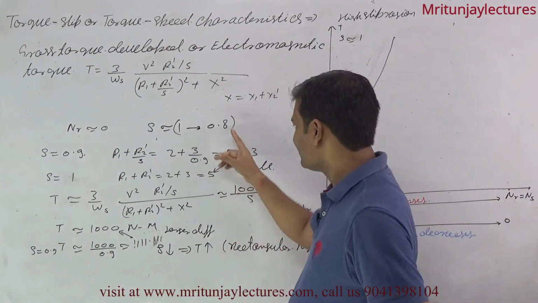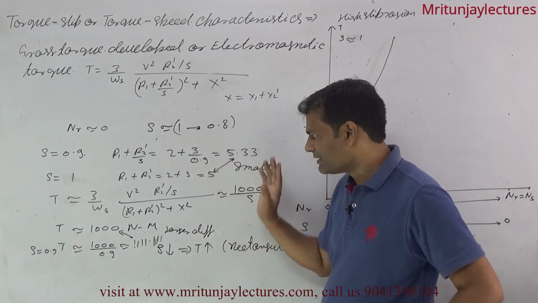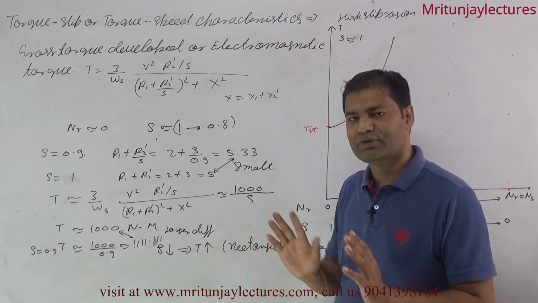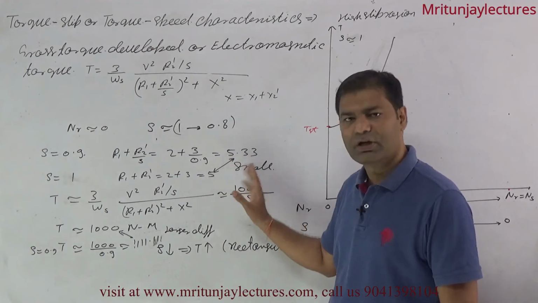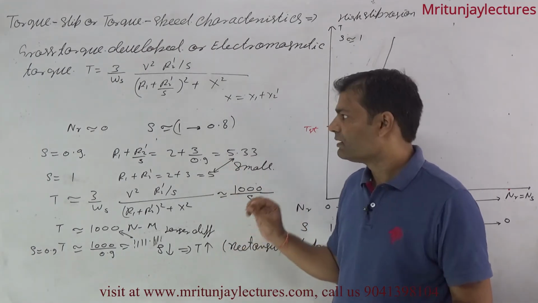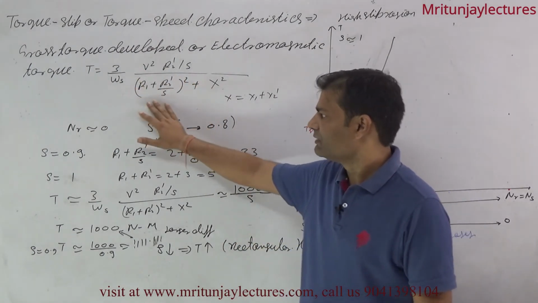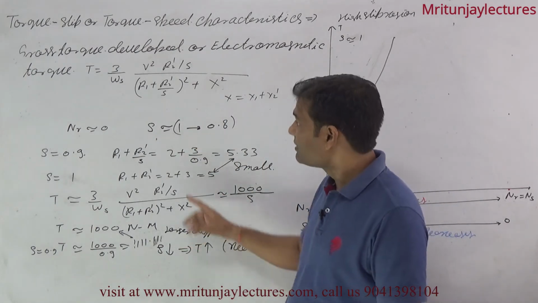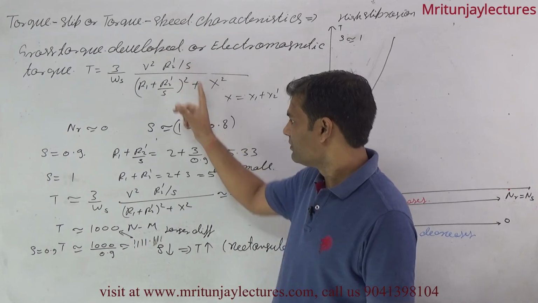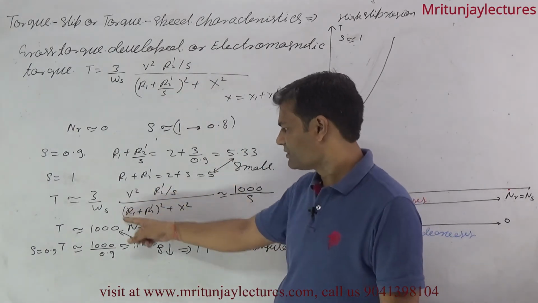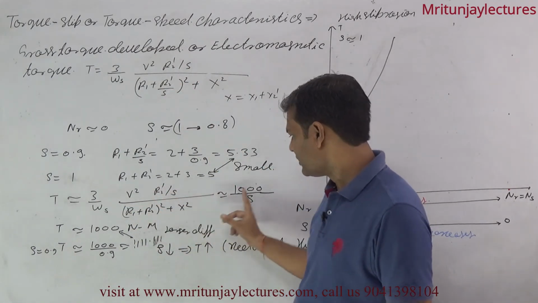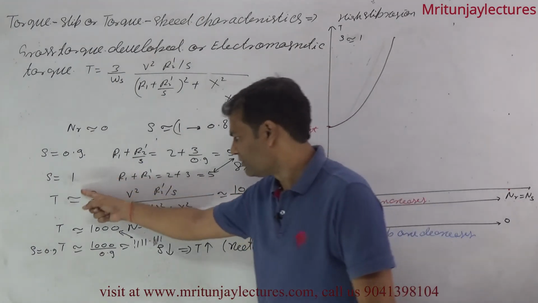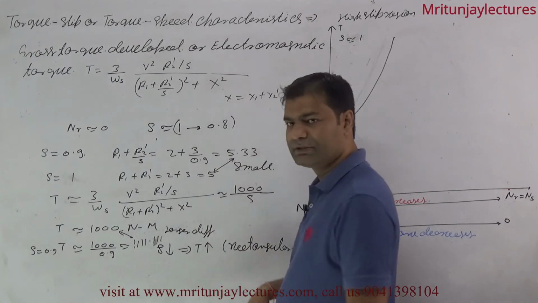Why? Because of the difference between (R1 + R2')/s at s equal to 1 and s equal to 0.9, not much larger, that's why we have considered it constant. But if you consider this one as constant, corresponding to 1000 divided by n, we got 1000 divided by n.